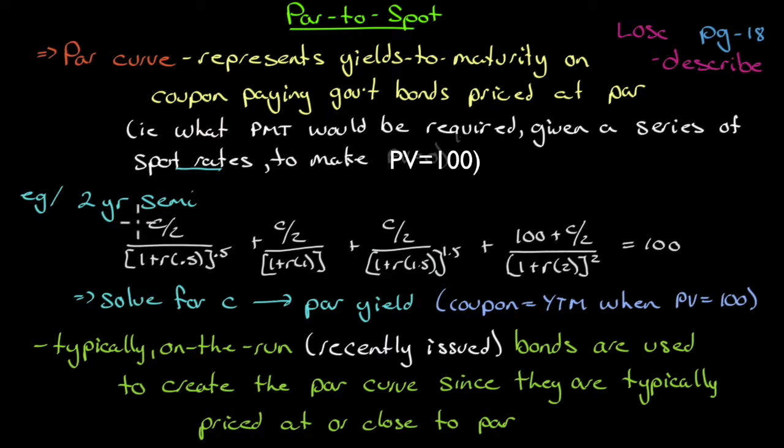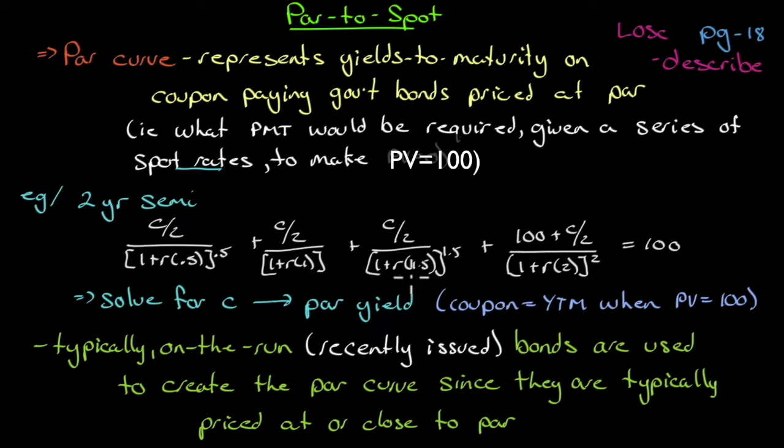For instance, let's say we're looking at a 2-year semi-annual government bond, and we can observe the 6-month spot rate, the 1-year spot rate, the 1.5-year, and the 2-year spot rates. Well, then we can ask: let's take our coupon, and since it's semi-annual, our coupon over 2, plus our next coupon over 2, plus the next one, plus the principal plus the final coupon over 2, equate that to 100.